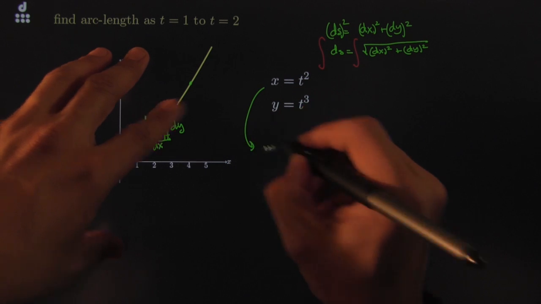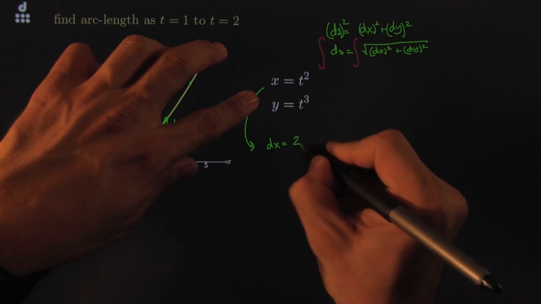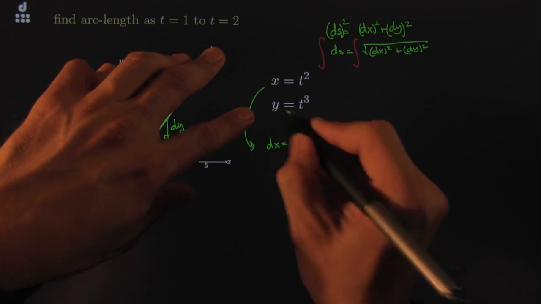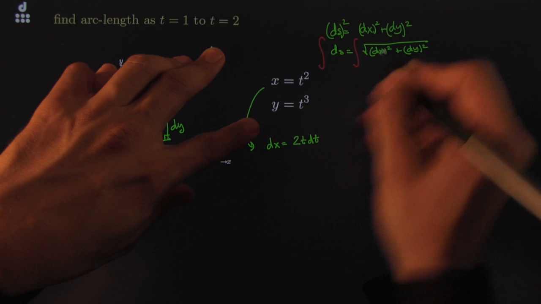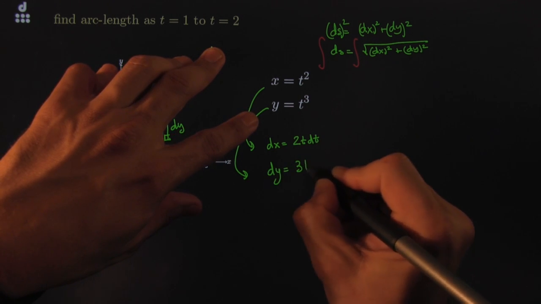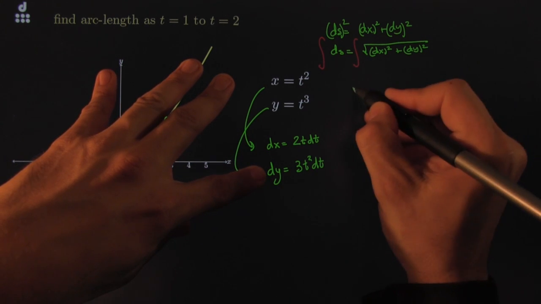It'll go something like this. Here I slap a d on both sides and I get that dx is equal to 2t dt. That's going to be my exchange rate for the dx. Here I get that dy is equal to 3t squared dt. That's my exchange rate for dy.